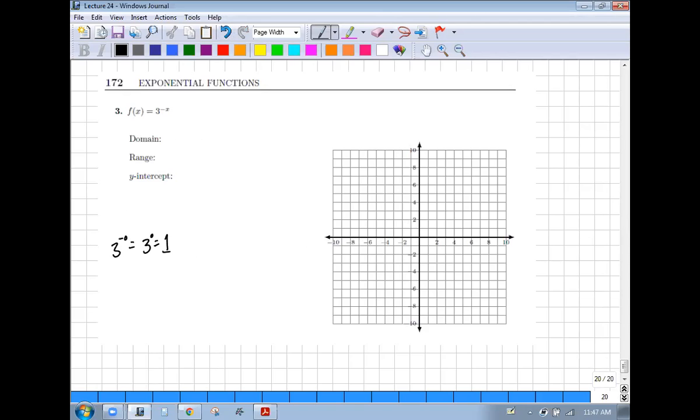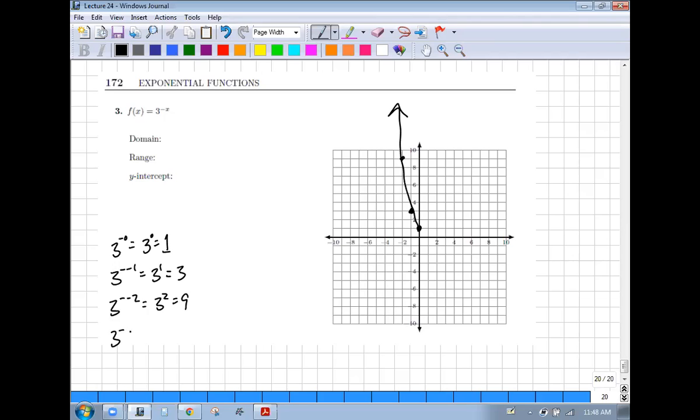So it still goes through this same point. If I plug in a negative 1, I'm getting 3 to the first power, which is 3. So at negative 1, I go up to 3. If I plug in a negative 2, I'm getting 3 squared, which is 9. So at negative 2, I'm up here at 9. So this thing goes that way.